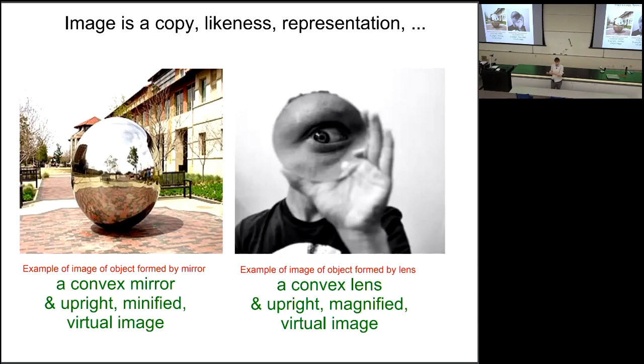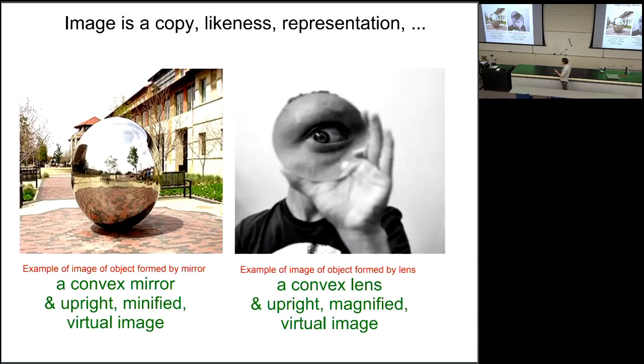That would be a visual copy, a visual likeness, a visual representation of the tree. You could be the object, and then an image of you would be a copy or a representation or a likeness of you. On this slide are two examples of images that are formed of objects.